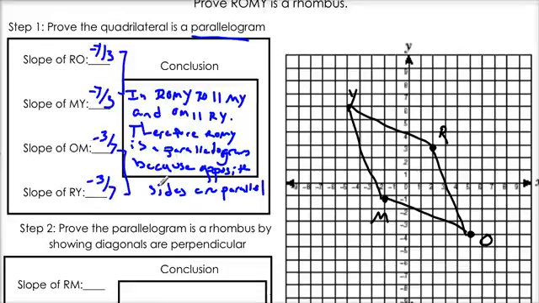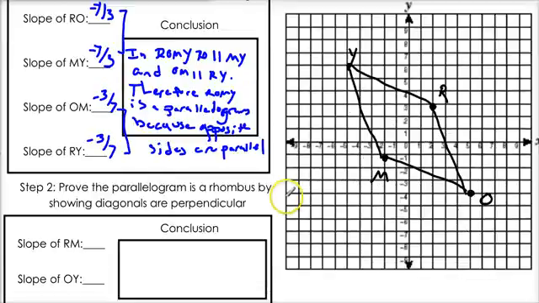So that's step 1. Now we got to show that the parallelogram is a rhombus by showing the diagonals are perpendicular. So let us do that now. We're going to find the slope of RM, and so that is 1, 2, 3, 4, over 1, 2, 3, 4. So that's 4 over 4.